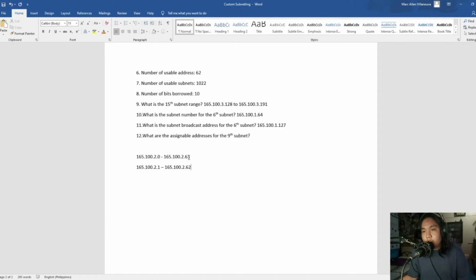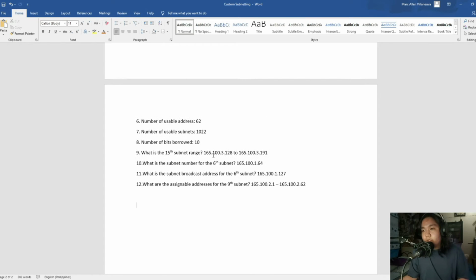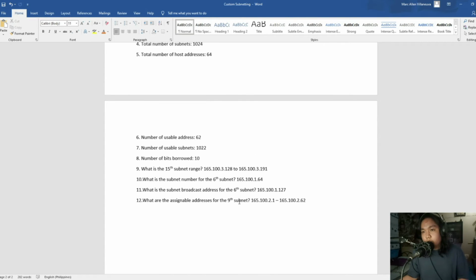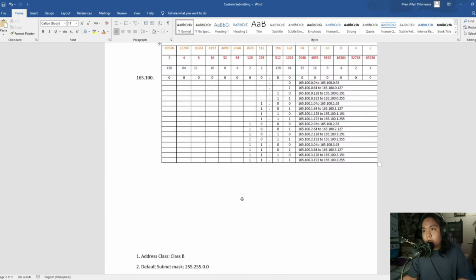Since the first and last values are invalid, we're not going to include them in the assignable addresses. We're going to use these instead. And now we're done doing the subnetting and custom subnetting process.